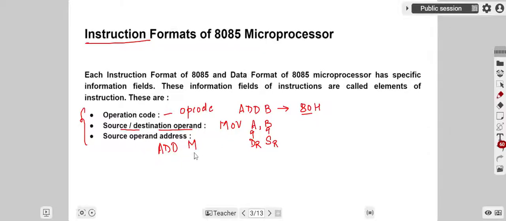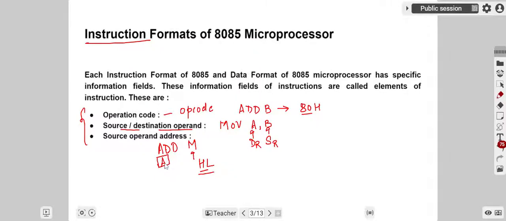So what is the source operand address here? The source operand address here is specified by the HL register pair contents. We already know that one of the operands has been stored in the accumulator, because for the add operation we require two data.